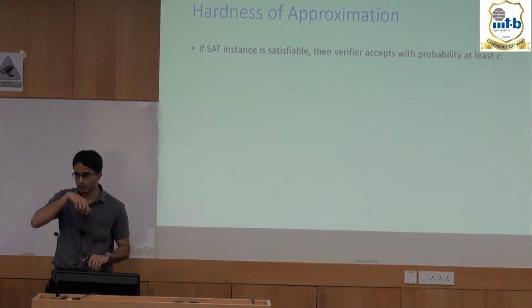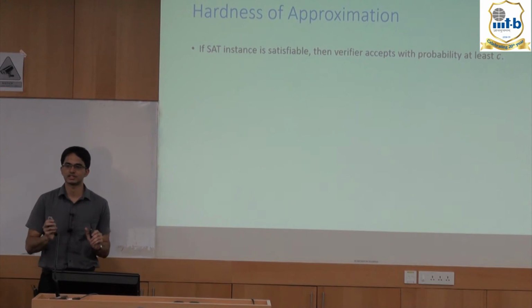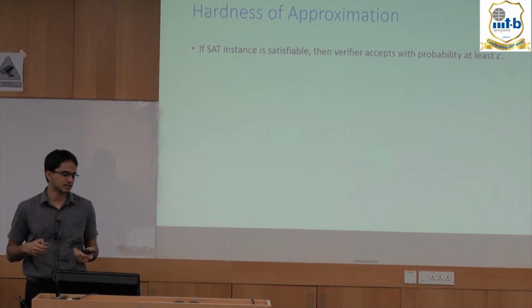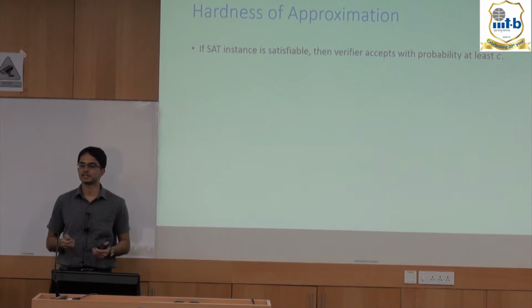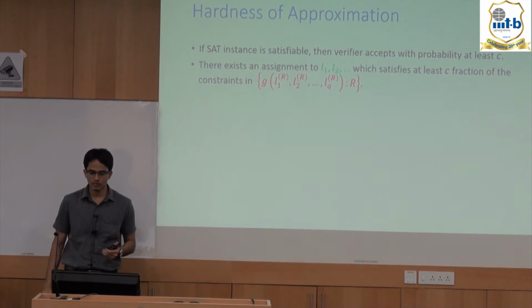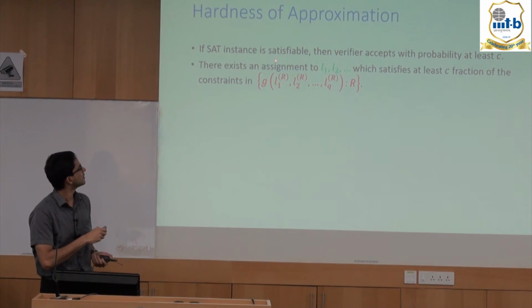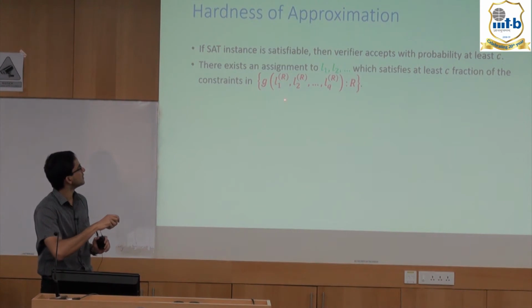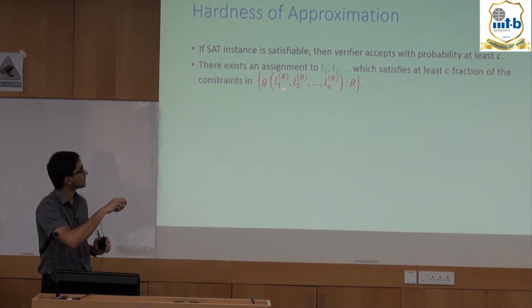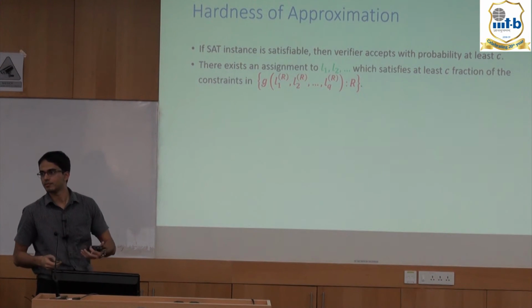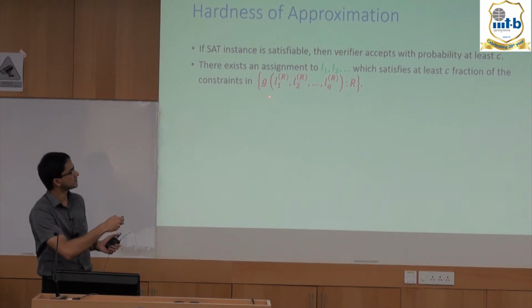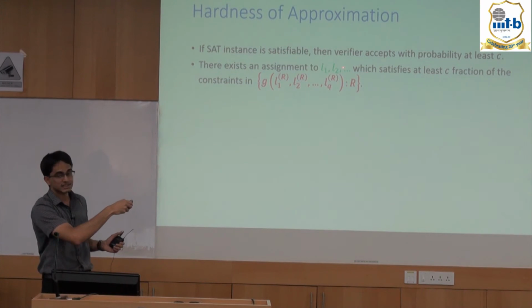Good. So what can we say about this new constraint satisfaction problem for the prover? What we know is that if the SAT instance is satisfiable, then the verifier accepts with probability at least C. This means that if the prover writes down the correct proof, the verifier will pick one of the random constraints from here and check it, and that will pass with probability at least C. So if you look at the multi-set of the constraints here, the correct assignment will satisfy at least a C fraction of these constraints.